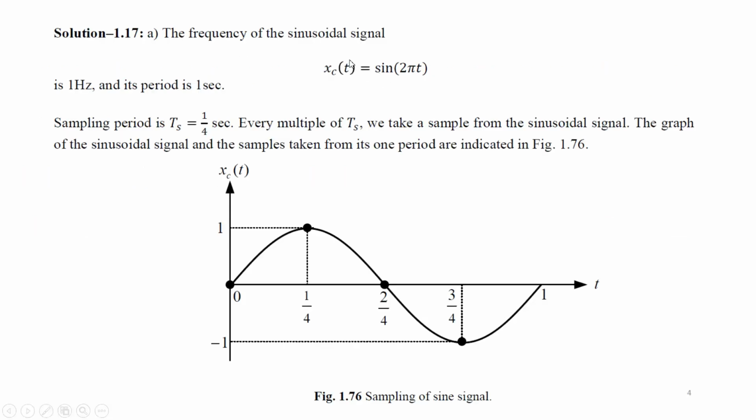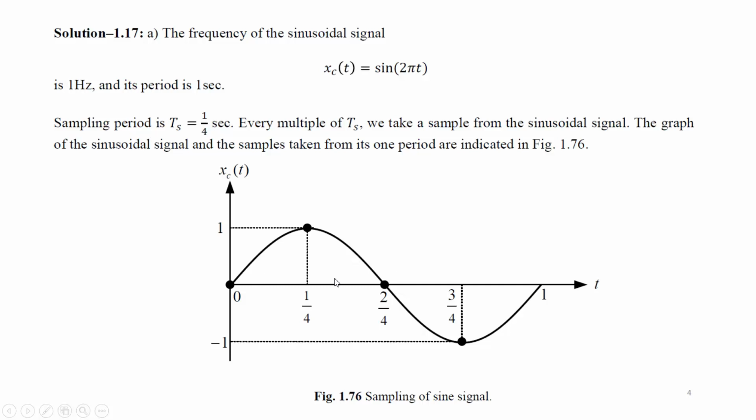Now, if you look at the signal, the continuous time signal is sine 2 pi t, and if you compare this with the actual sine of 2 pi ft signal, then you will see that the frequency in the signal is 1 because f is 1 here. So the frequency of the given signal is 1 and its period is 1 second. Sampling period is 1 by 4 seconds.